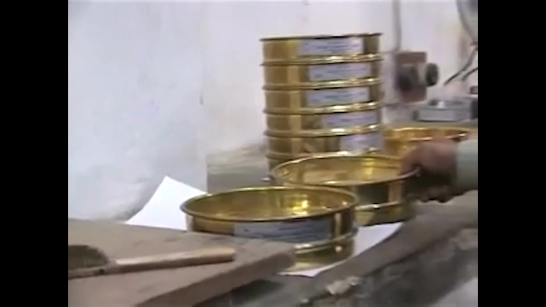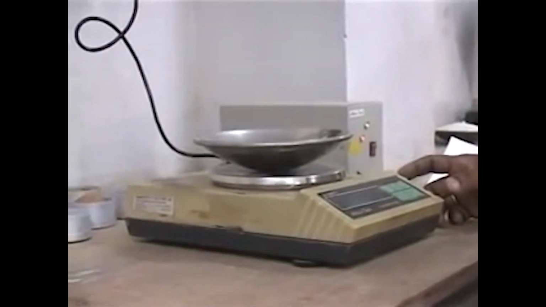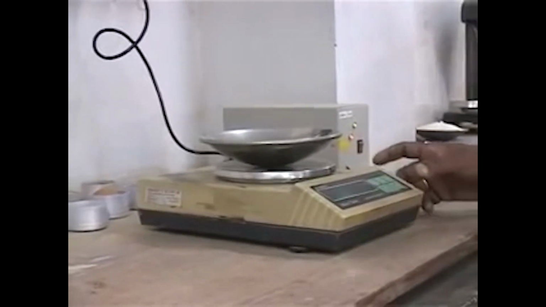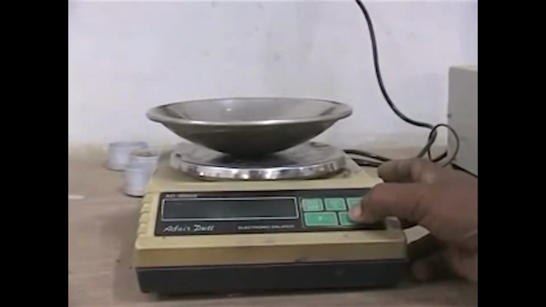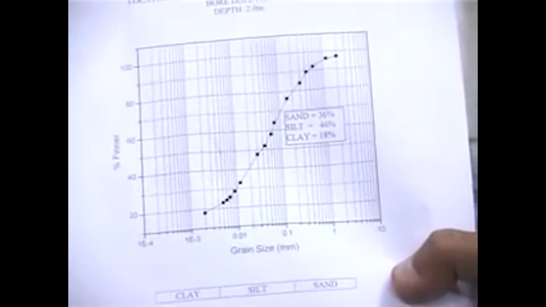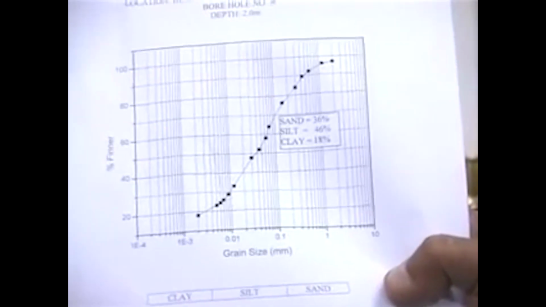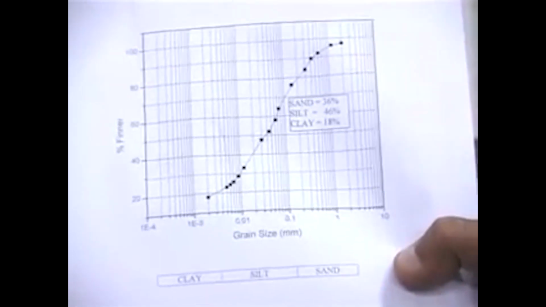As I mentioned, we are going to proceed to weighing the soil retained on each individual sieve size, and finally, using the data, we are going to generate a grain size distribution curve like this, which plots the percent finer by weight on the vertical scale and the opening size of the sieve on the horizontal scale, as you see on this particular plot.